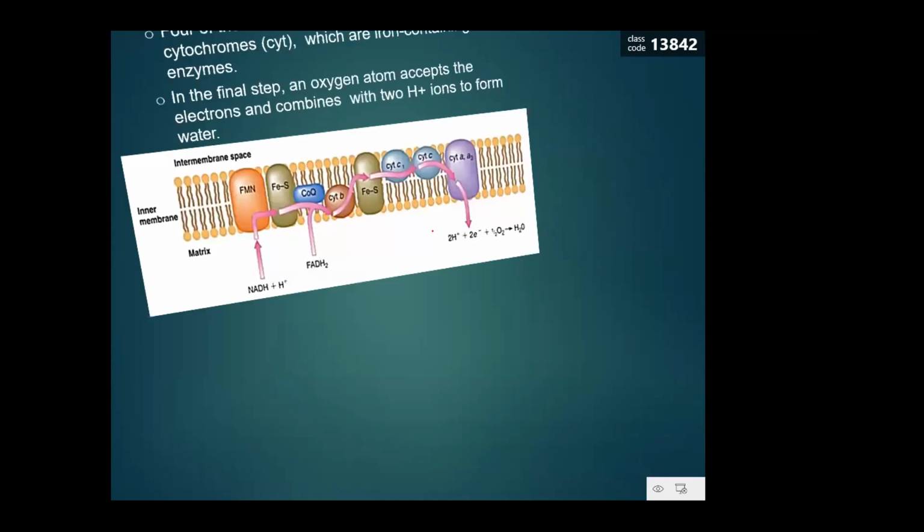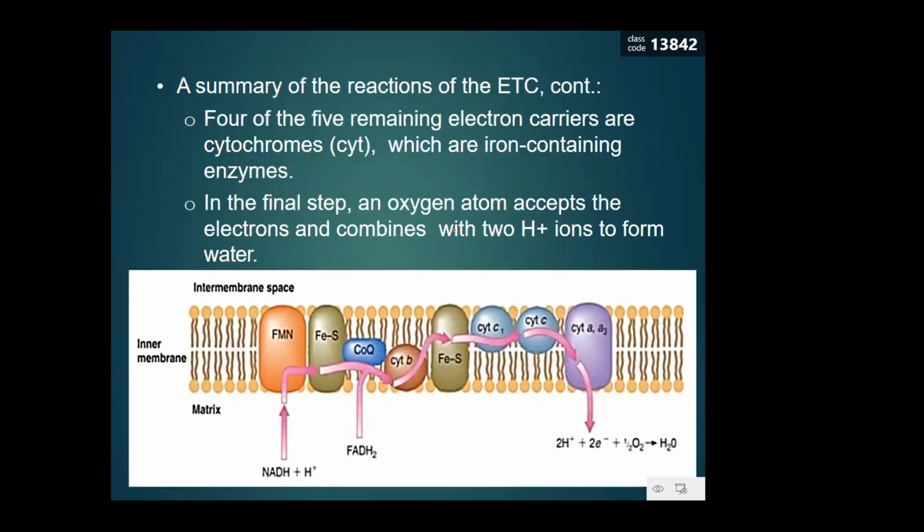So after that, after ma-release yung ating H+ ions, okay, ang mangyayari, na-release na. So dadaan siya dito sa ating mga cytochromes. May cytochrome B, cytochrome C1, C, A, and A3. Okay? These enzymes contain iron. Okay? May iron din siya. So paglabas niya, lalabas na yung hydrogen ions natin and yung electrons.